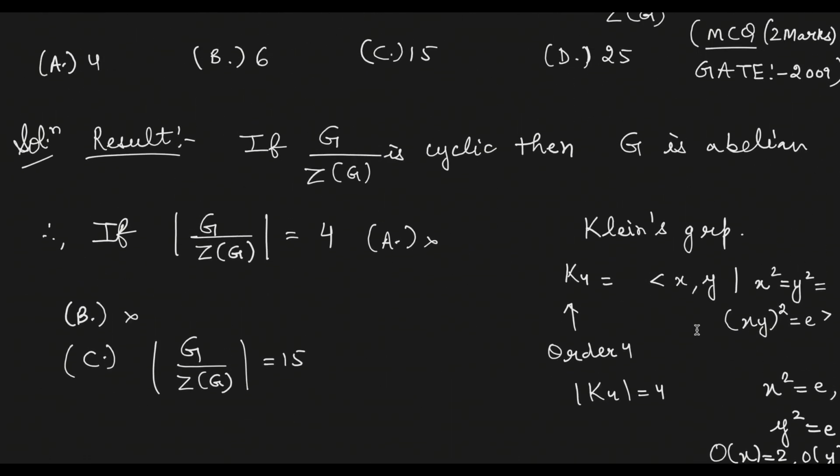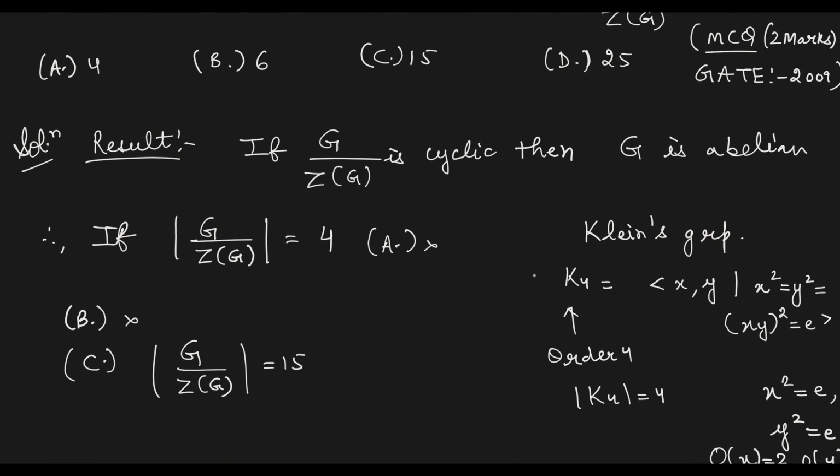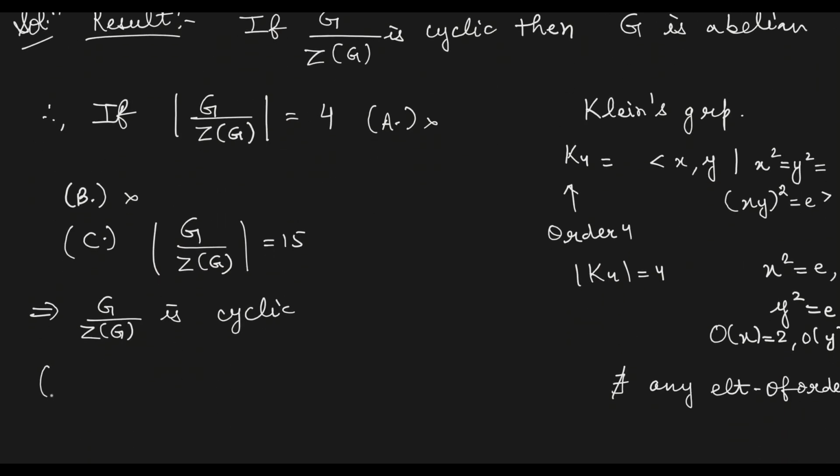So if it is cyclic, then G is abelian by this result. So this implies G upon Zg is cyclic because every group of order 15 is cyclic.